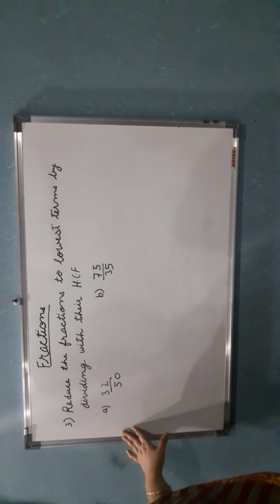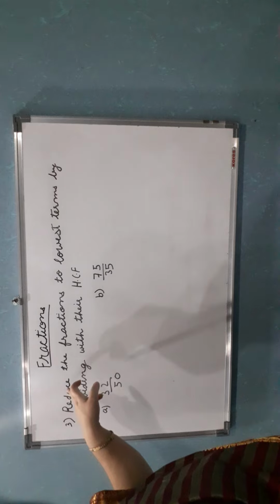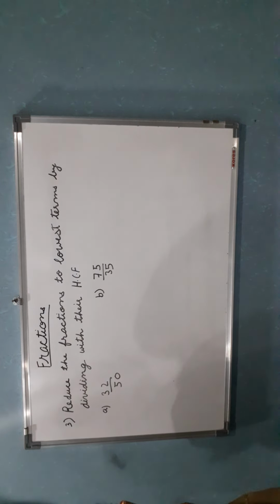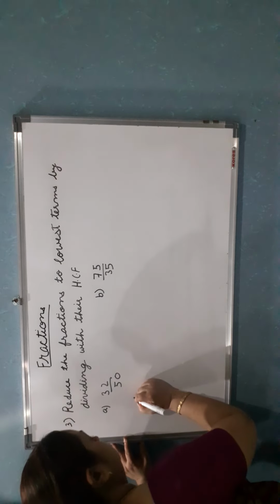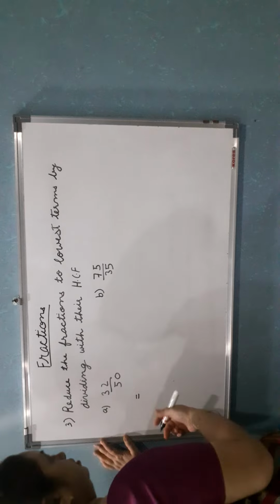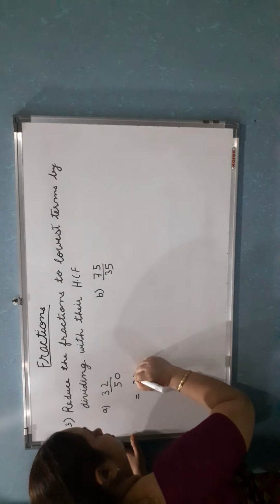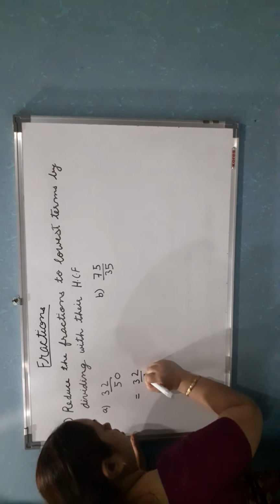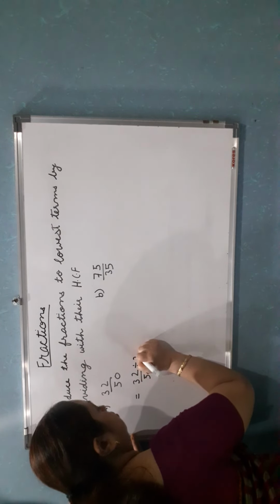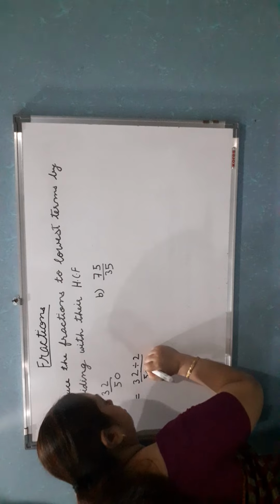Now look here. The question is: reduce the fractions to lowest terms by dividing with their HCF. Okay, so what you will do, the HCF of 32 and 50 will be 2. So divide by 2 and here you can divide by 2.